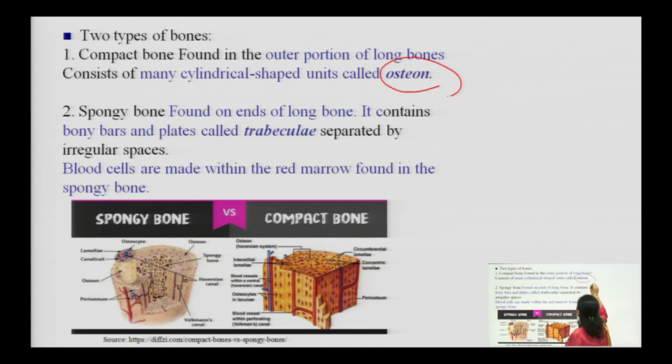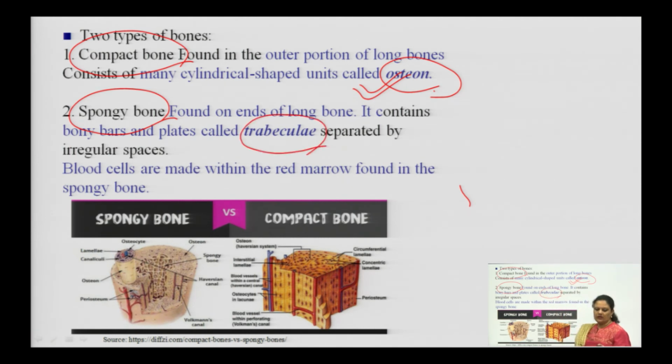So, students, please remember these terms. The compact bone is made up of subunits named osteons, while the second type, spongy bone, is made of trabeculae.